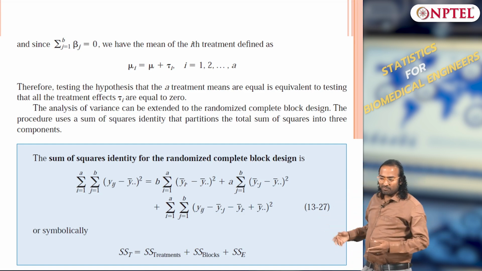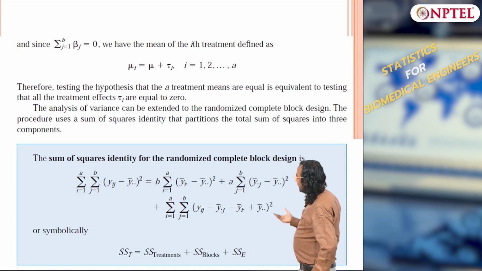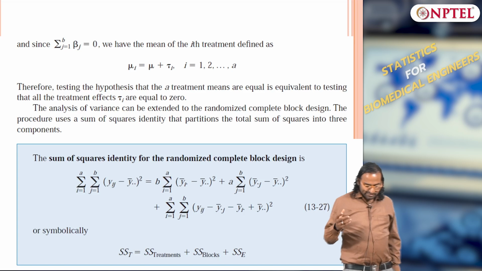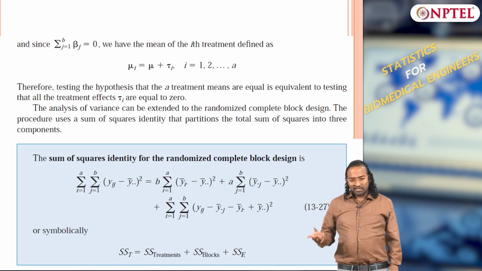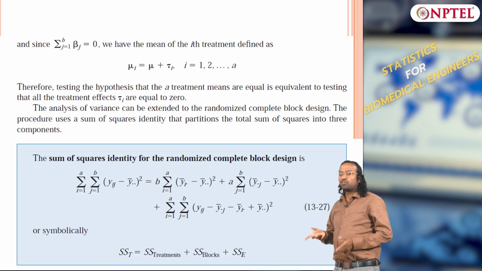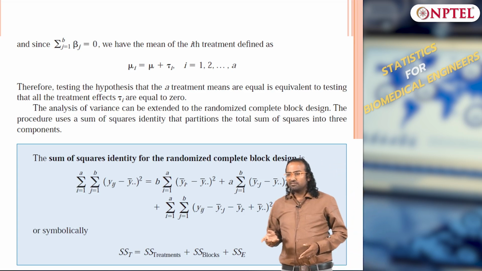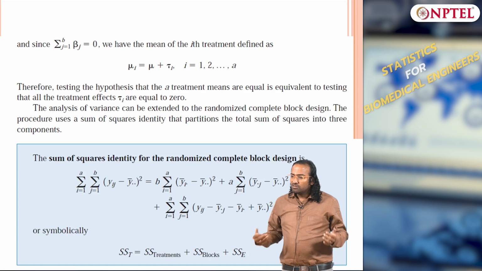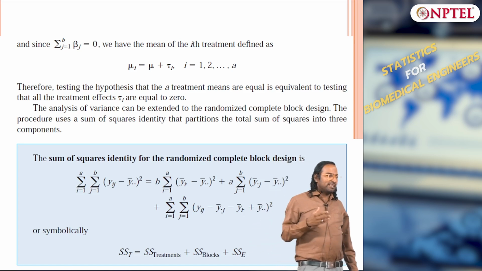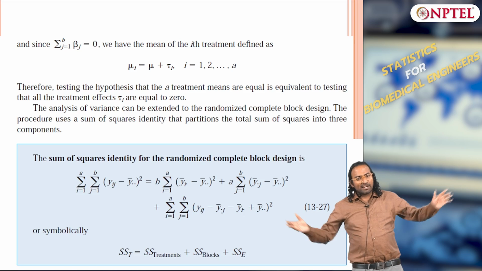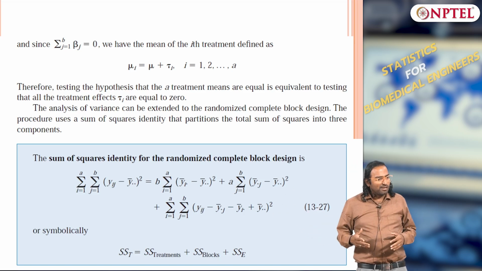So here there are again three entities: sum square treatment plus sum square block plus sum square error, and all of them are orthogonal to each other, that is why you are able to separate. All cross terms go to 0, because the idea is the error and treatment should have no impact; error is a noise typically, okay.